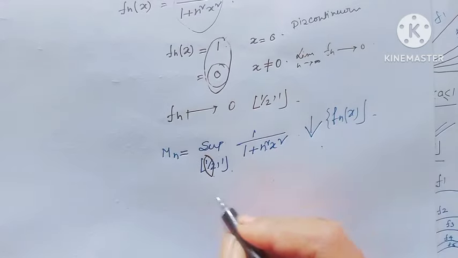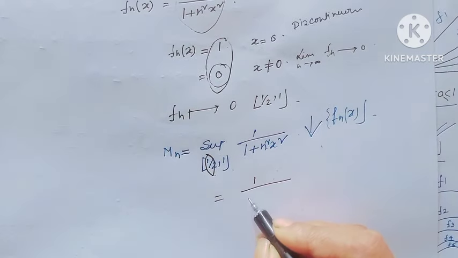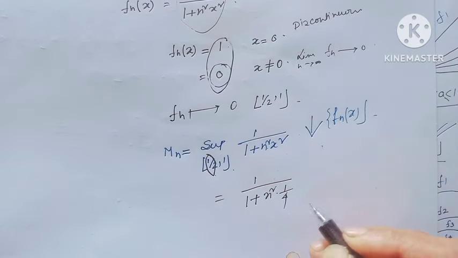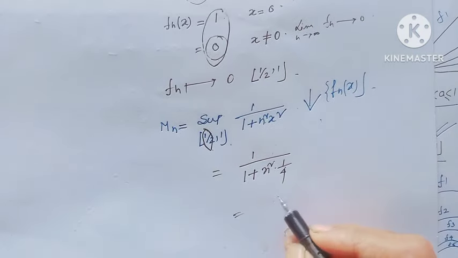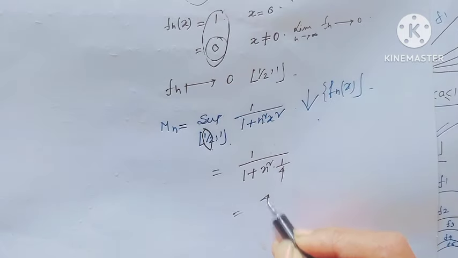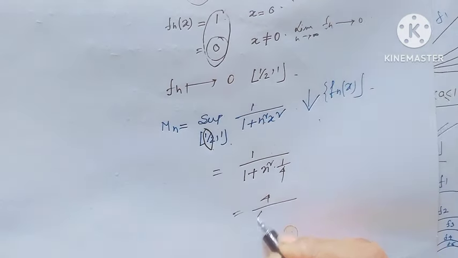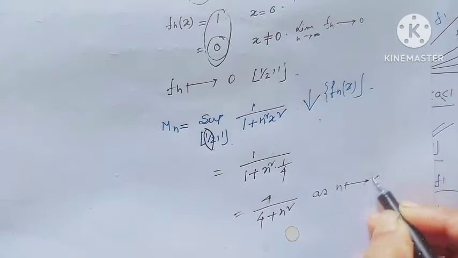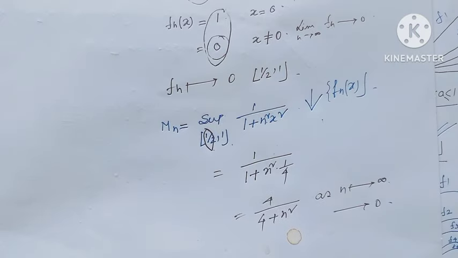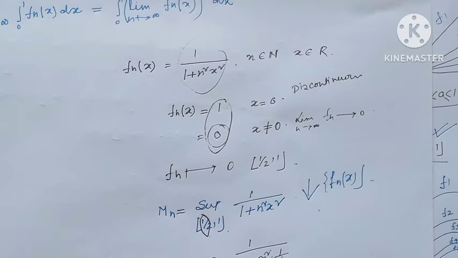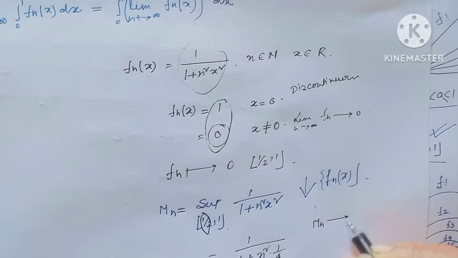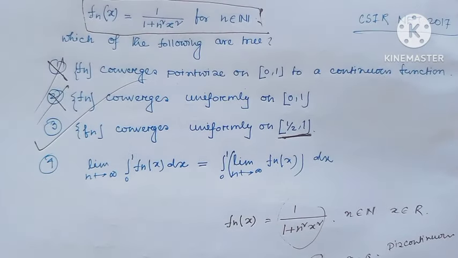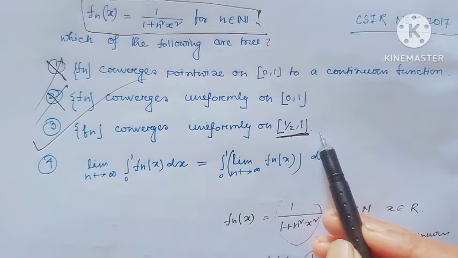So Mn would be, if we put the value half, 1 over 1 plus n squared times 1 over 4, so this value would be 4 over 4 plus n squared, and as n goes to infinity, this value tends to 0. So since Mn tends to 0, by the Mn test we can tell this sequence of functions converges uniformly on the closed interval half to 1.